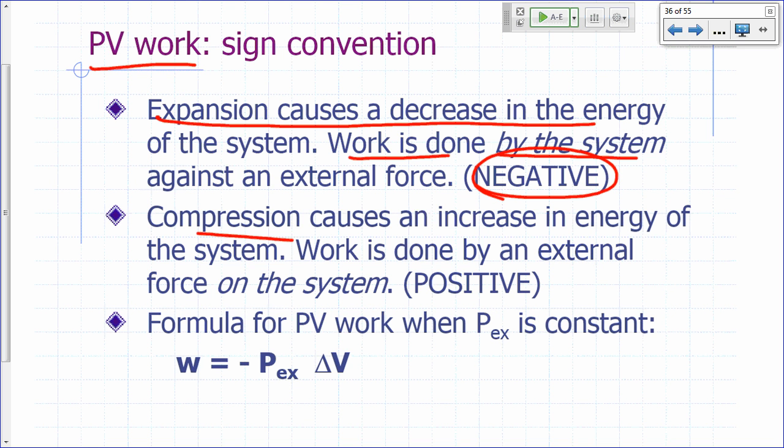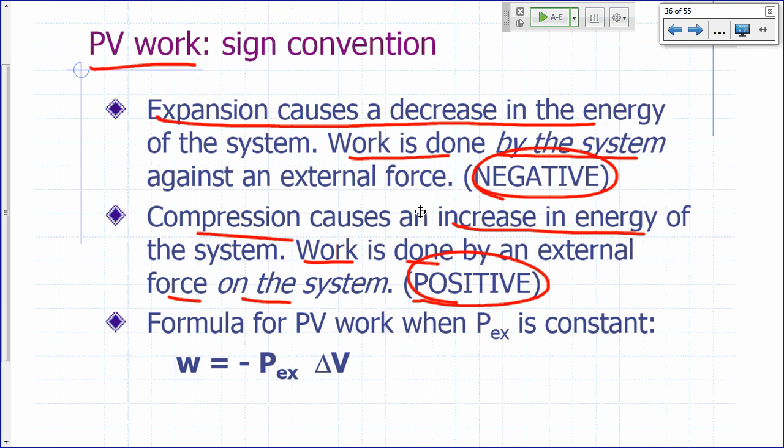Now, if you're compressing the system, then that leads to an increase in the energy of the system. For example, if you were to squeeze a gas, you're going to cause its temperature to increase because you're transferring energy to your gas. So work there is said to be done by an external force on the system, and that leads to an increase in the energy of the system.